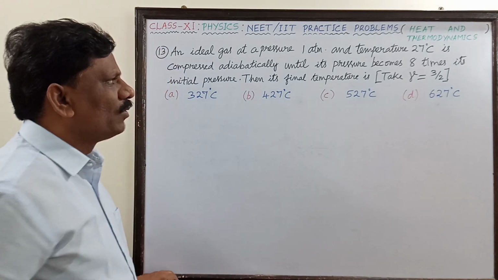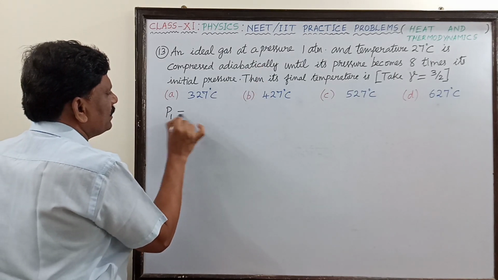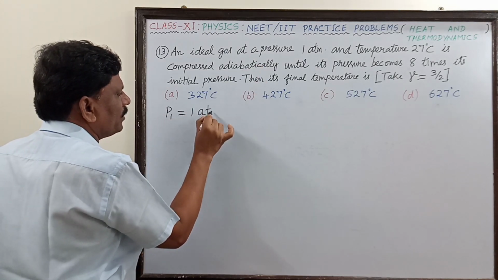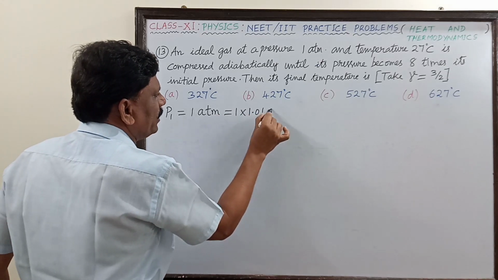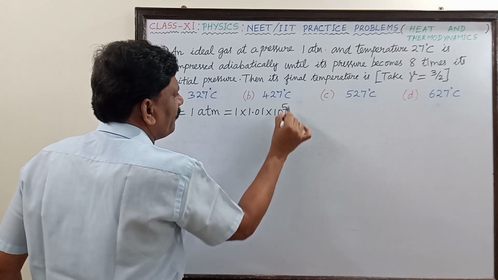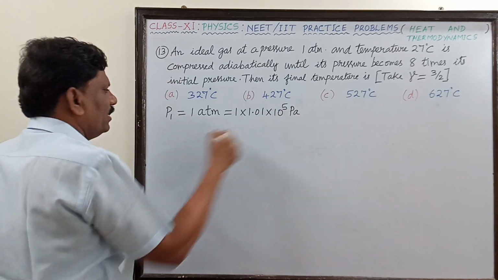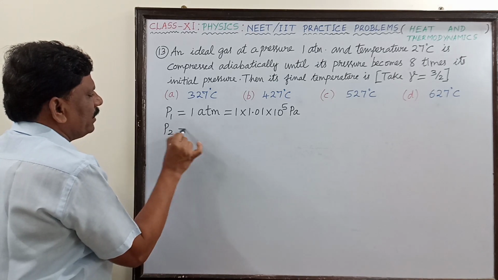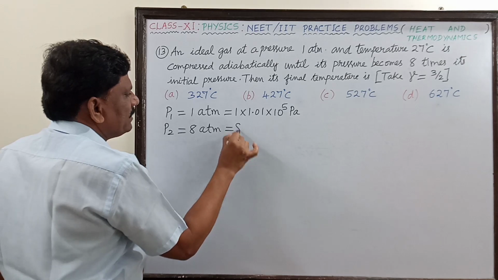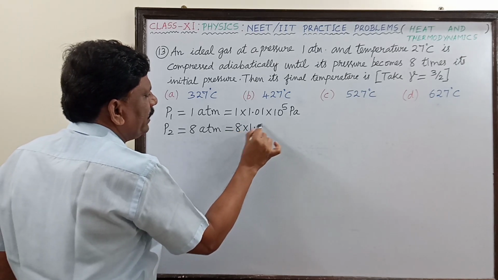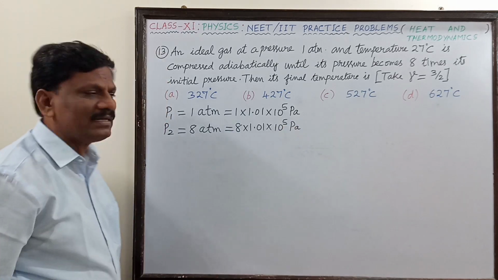Now what are the given quantities? Pressure P1 is given, equal to 1 atmospheric pressure. So this is 1 into 1.01 multiplied by 10 power 5 pascals. This is the SI unit. P2 is equal to 8 atmosphere, so this is 8 into 1.01 into 10 to the power of 5 pascal or Newton per meter square.